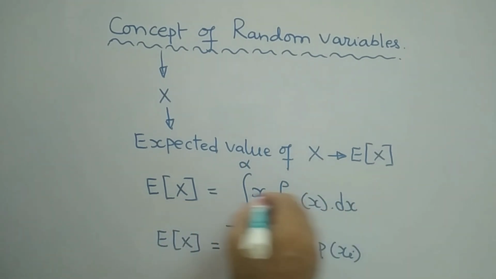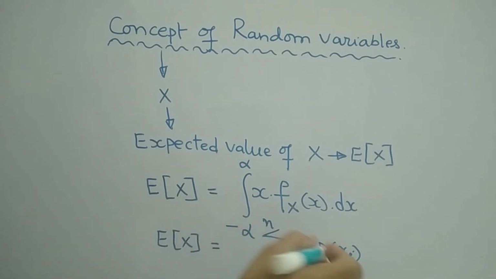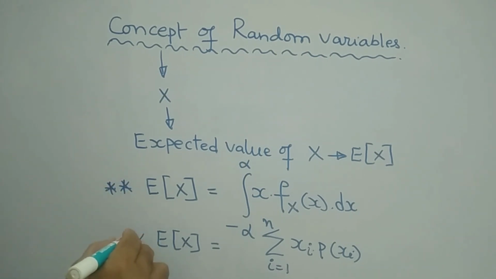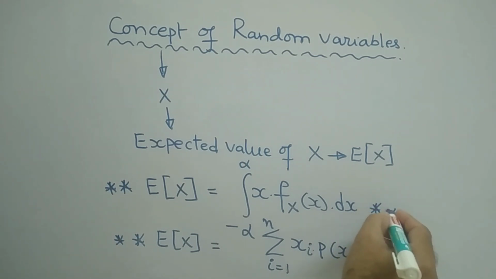The first formula is for a continuous random variable, whereas the second one is for a discrete random variable. So these are the formulas that one should remember. These are very, very important formulas. This we have seen, and one example also we have seen in our previous presentation.